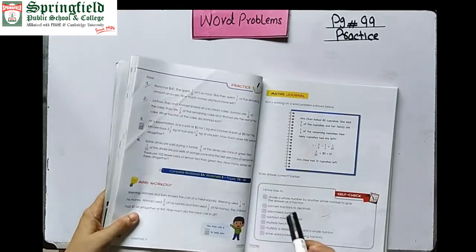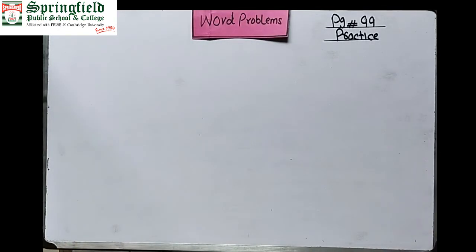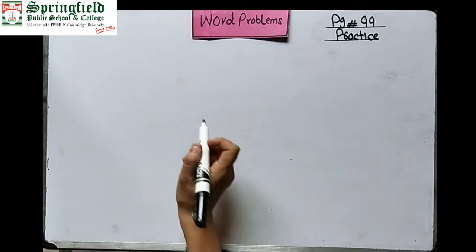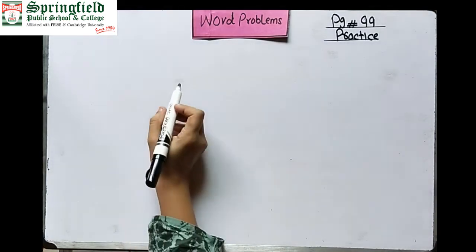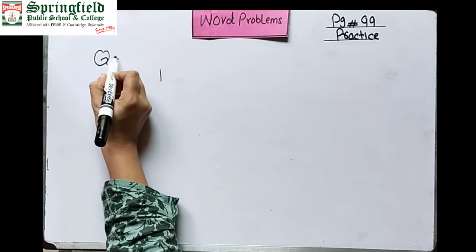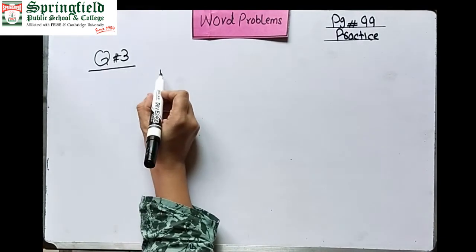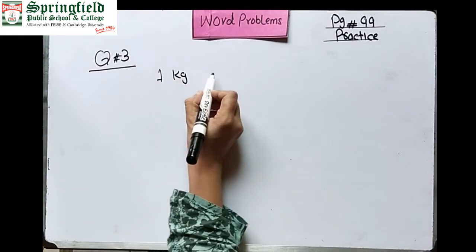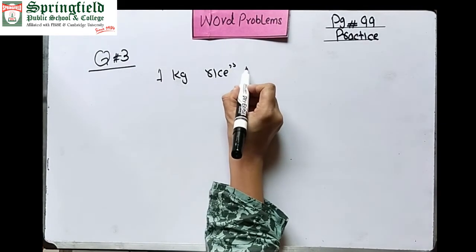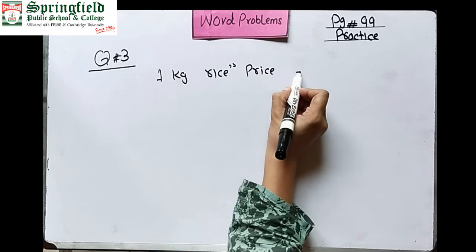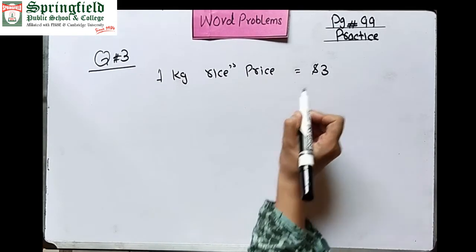So how can we solve? The price of 1 kg of rice is equal to $3.